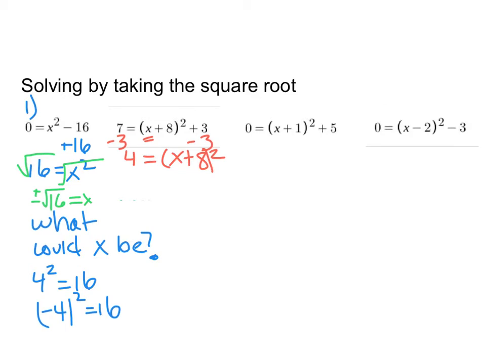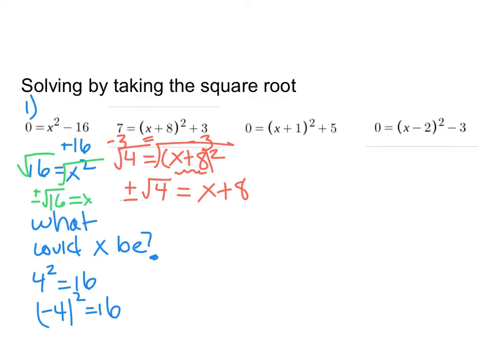And then I need to take the square root of both sides. And remember, I need to take the negative or the positive, because whatever this stuff in here is, when I square it, it's going to give me 4. So this could either be a 2 or a negative 2. So I've got plus or minus the square root of 4 equals x plus 8.